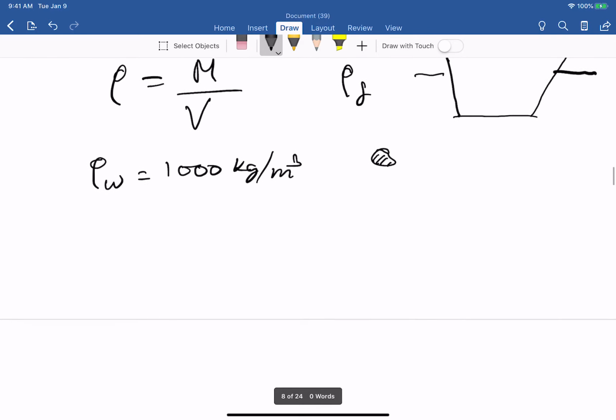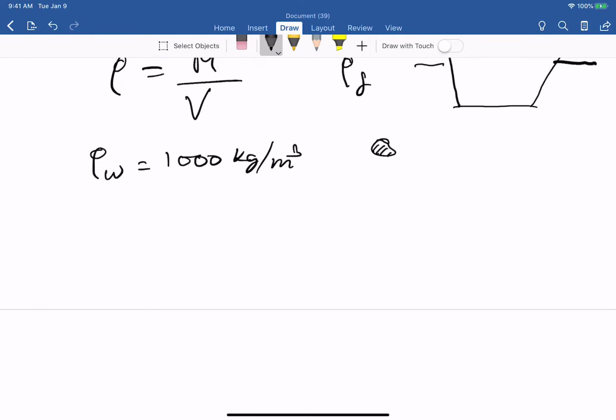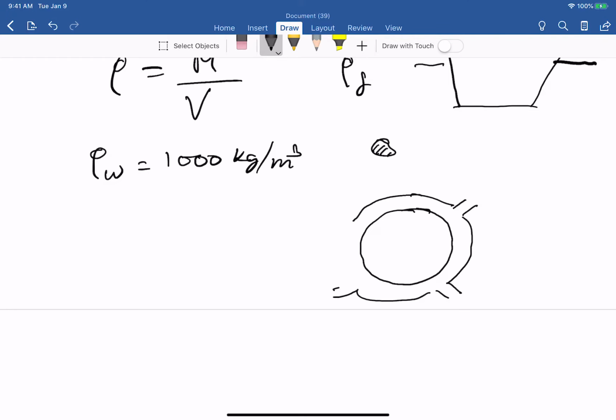What about a submarine? A submarine can decide whether it wants to float or sink very easily. Just imagine that this circle represents a submarine coming out of the board, so we are seeing a cross section of the submarine. Submarines have ballast tanks, which kind of look like this.